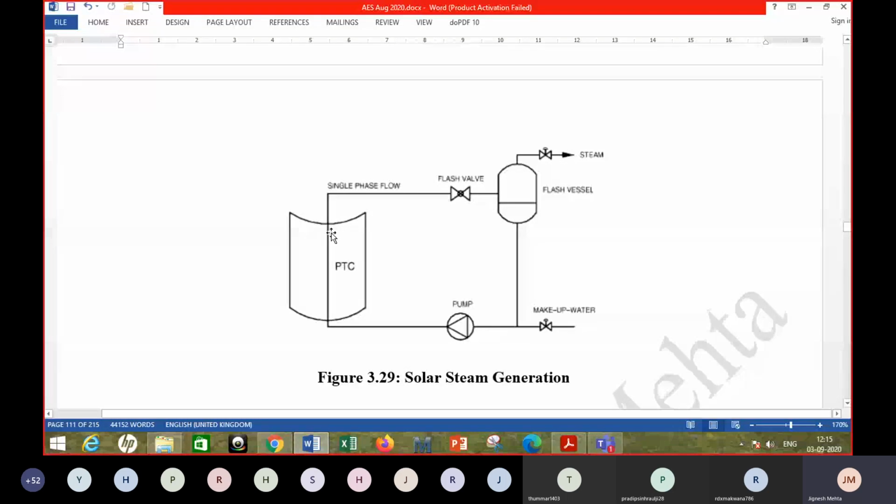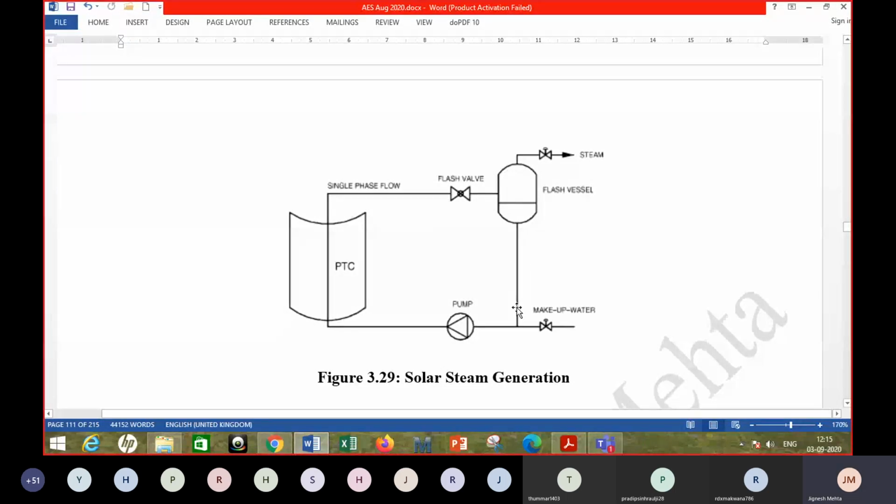So the parabolic trough collector might be used for increasing the temperature of water to more than 100 degrees Celsius. And now here you reduce the pressure. So part of it gets converted into steam, so it's flashing, or throttling. That steam can be utilized for some process, and the remaining water may be recirculated and reheated.